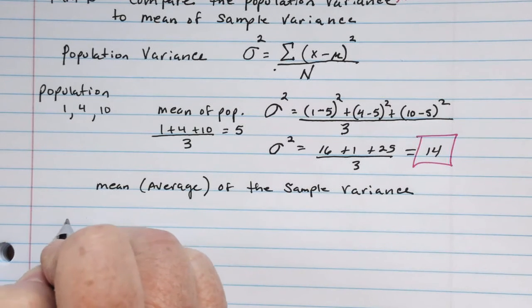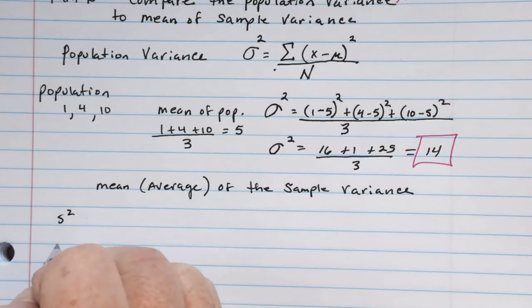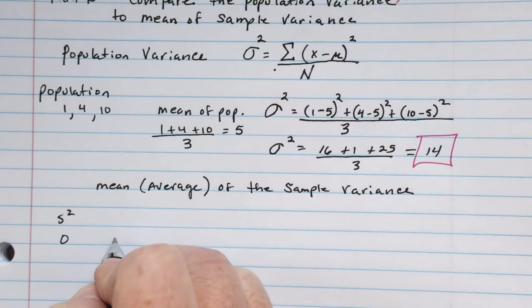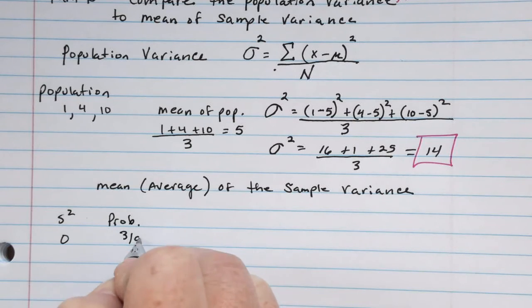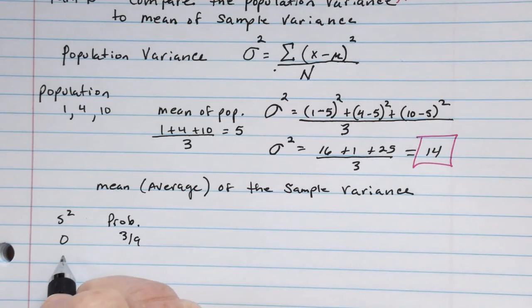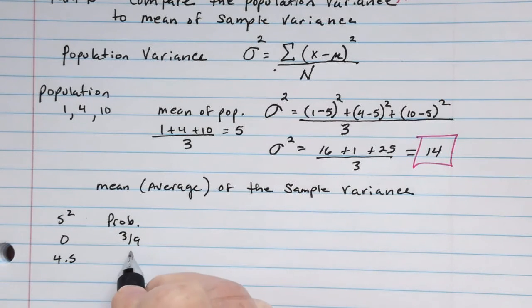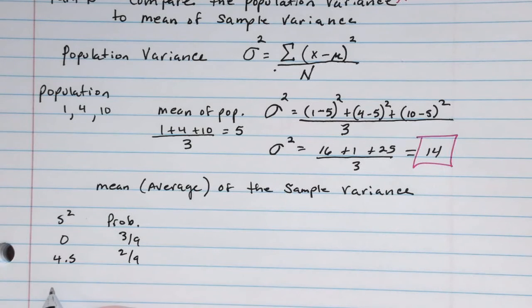Remember our variances? Variance 0 appeared 1/3 of the time, or 3/9 of the time. 4.5 appeared 2/9 of the time. 18 appeared 2/9 of the time, and 40.5 appeared 2/9 of the time.